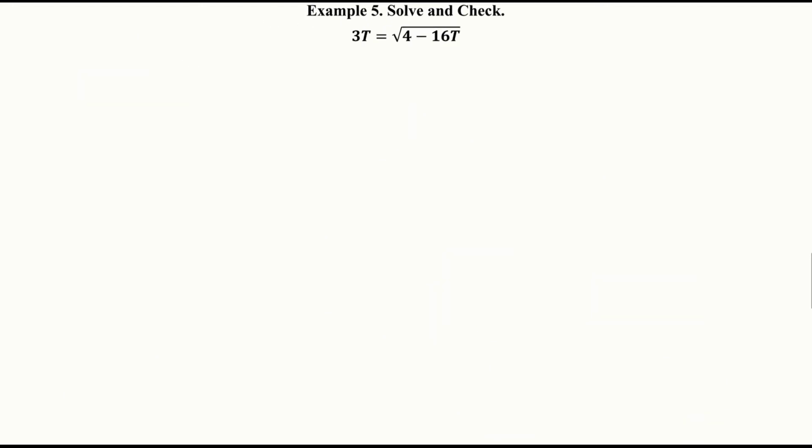Here's another one containing square roots. Go ahead and try it on your own first before you come back. All right, so we'll go ahead and square both sides. Notice that the original equations do not look quadratic, neither this one nor the previous one.